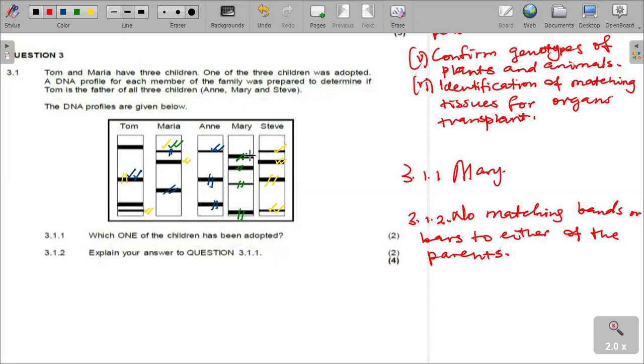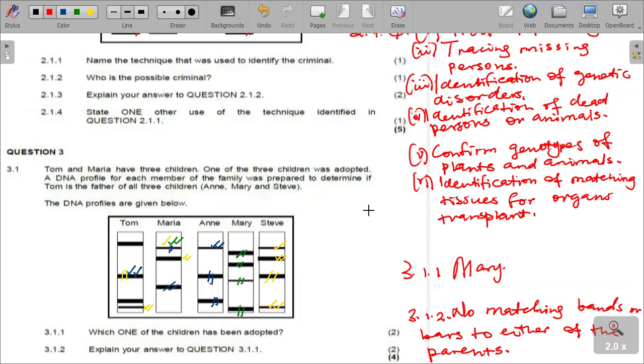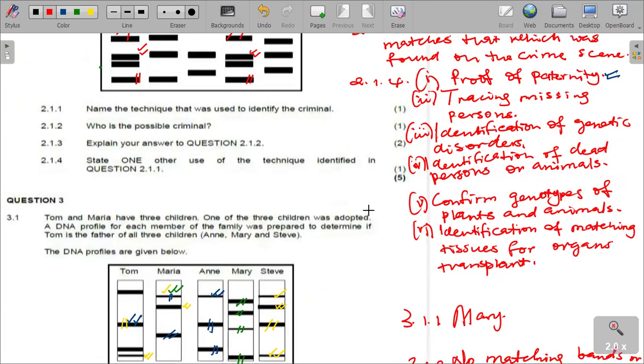No matching bars, patterns, or DNA profile with both parents. Hence, she can be identified as the adopted child.